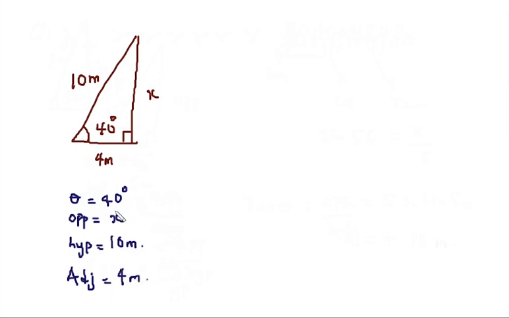The next step is to write out our SOHCAHTOA and find out which one suits solving this kind of problem. So we have SOHCAHTOA. We need to find which of the SOHCAHTOA links the unknown, which is the opposite, to the hypotenuse, or the one that links the adjacent to the opposite.